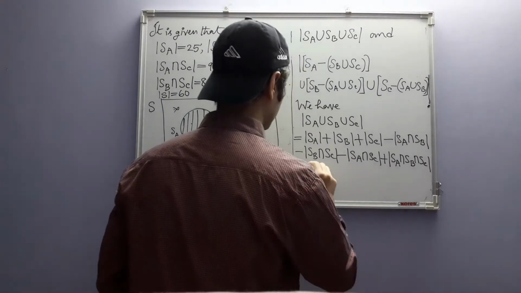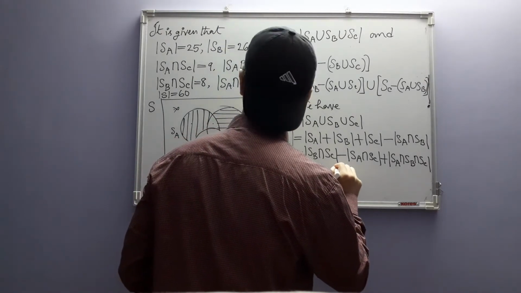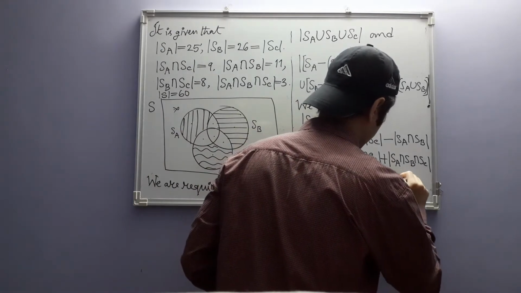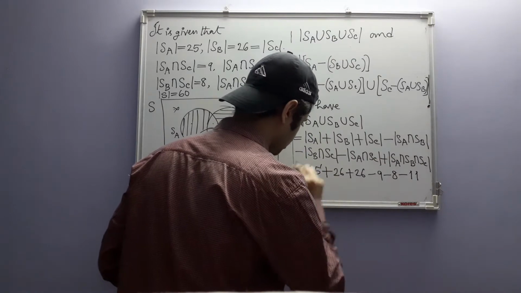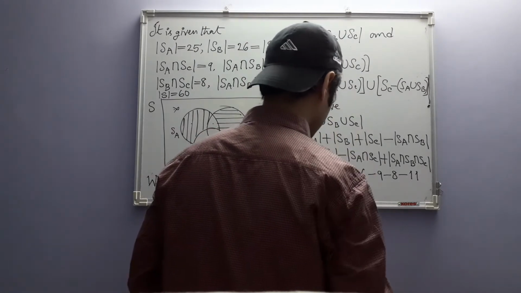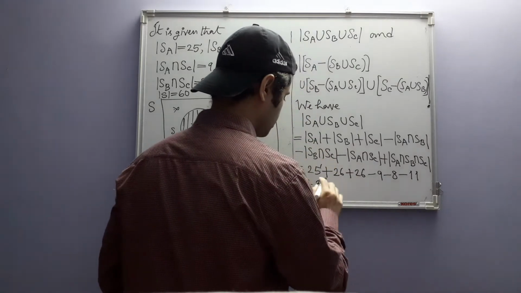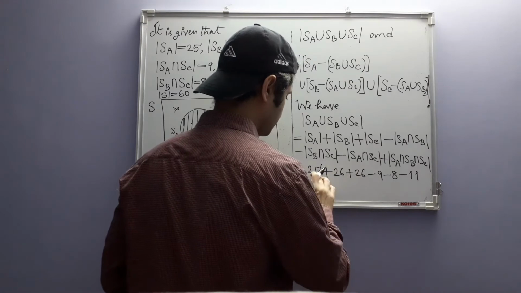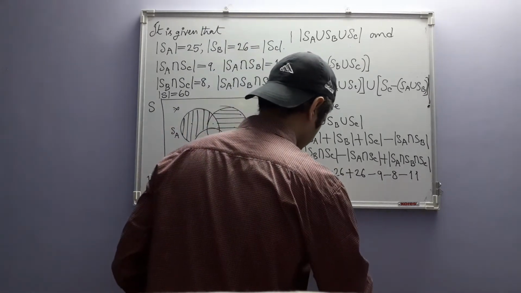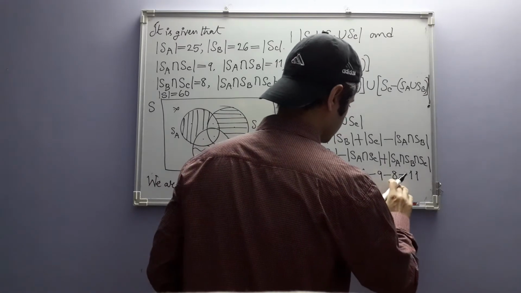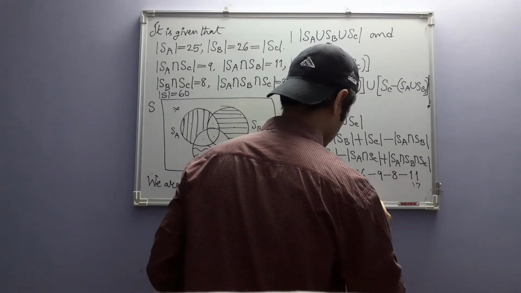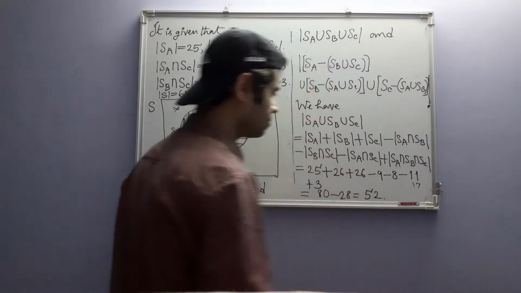And we have these things available to us. So this is equal to 25 plus 26 plus 26 minus 9 minus 8 minus 11 plus 3. So this equals 52.